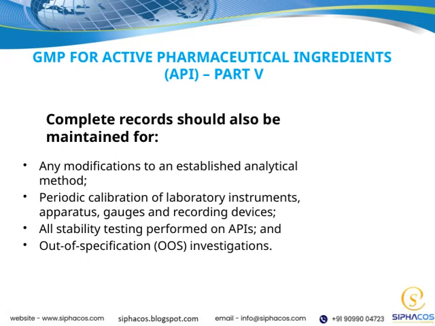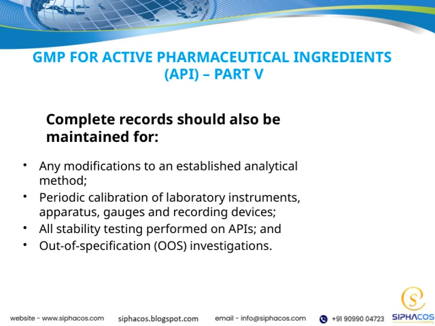Now, let's talk about some important records we need to keep throughout the process. First, any modifications to an established analytical method must be thoroughly documented. This helps ensure consistency and traceability. Next, periodic calibration of laboratory instruments, including gauges and recording devices, is essential to maintain accuracy. We also need to record all stability testing performed on APIs, since this data is crucial for ensuring product quality over time.